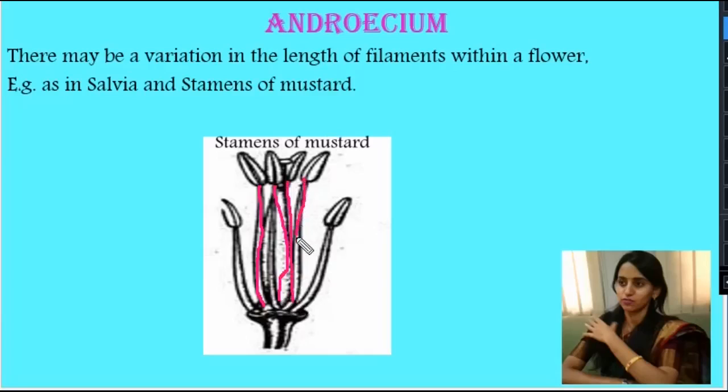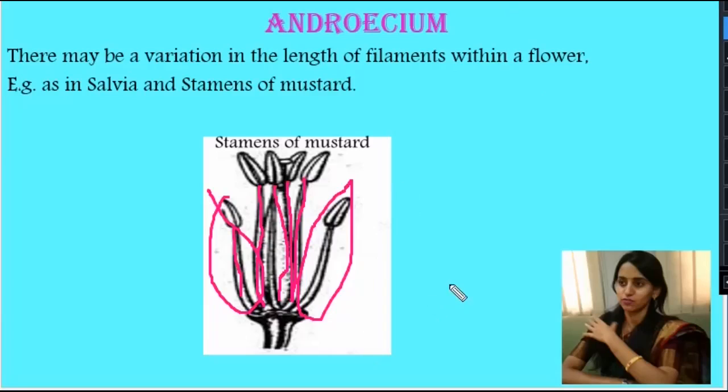The length of the filament of these 4 stamens is the same, whereas these 2 stamens, this stamen and this stamen, are of the same length. So this variation in length of filaments within a flower can be seen in mustard as well as salvia.